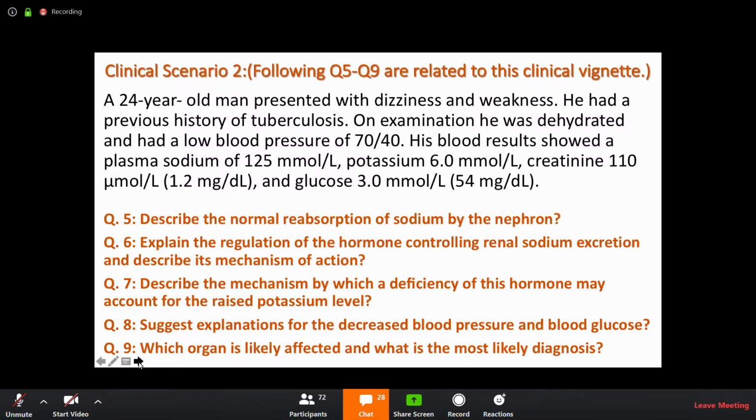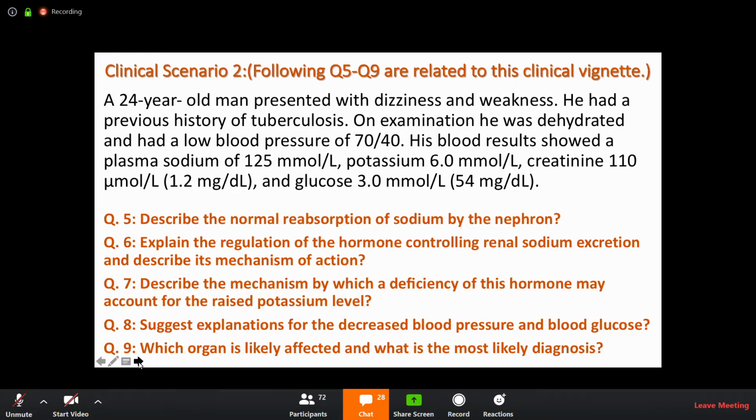His blood results show a sodium of 125 millimoles per liter, and roughly sodium is about 140 milliequivalents per liter. Potassium is 6 millimoles per liter. The normal potassium is around 3.5 to about 5. So his potassium is slightly elevated and his sodium is decreased.